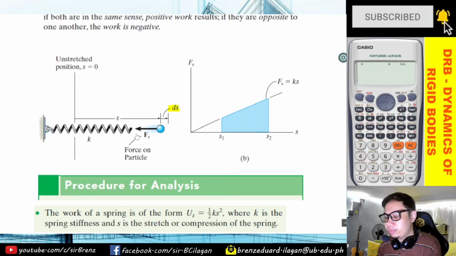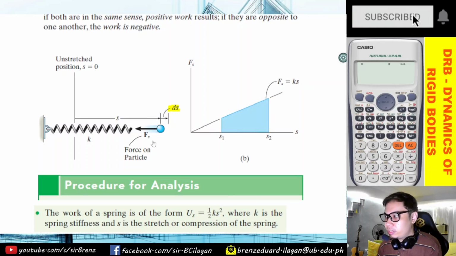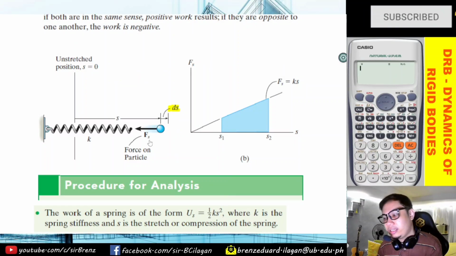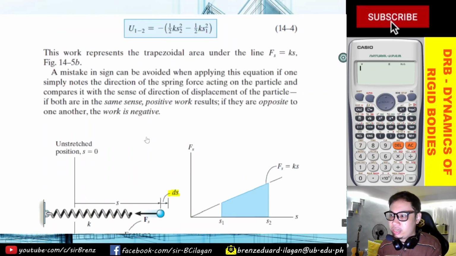Kaya yung F sub S mo is papunta sa kaliwa. Okay? So, because of this elongation, yun nga, humaba, meron siyang potential energy, or because of that pulling force, meron siyang contradicting force na compressive, or again, ang tendency niya is to go back to its original shape.